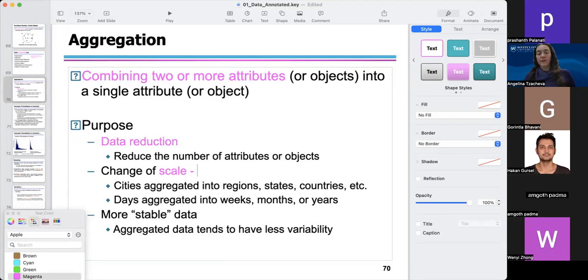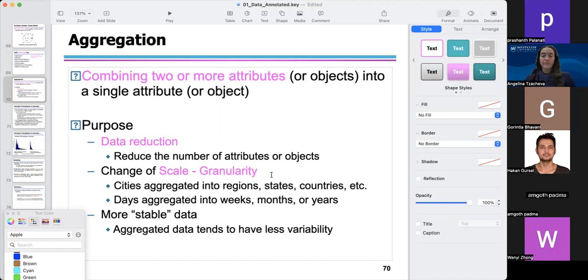So the scale is also called the granularity of the data. For example, we have some addresses in the data. These addresses have low granularity.